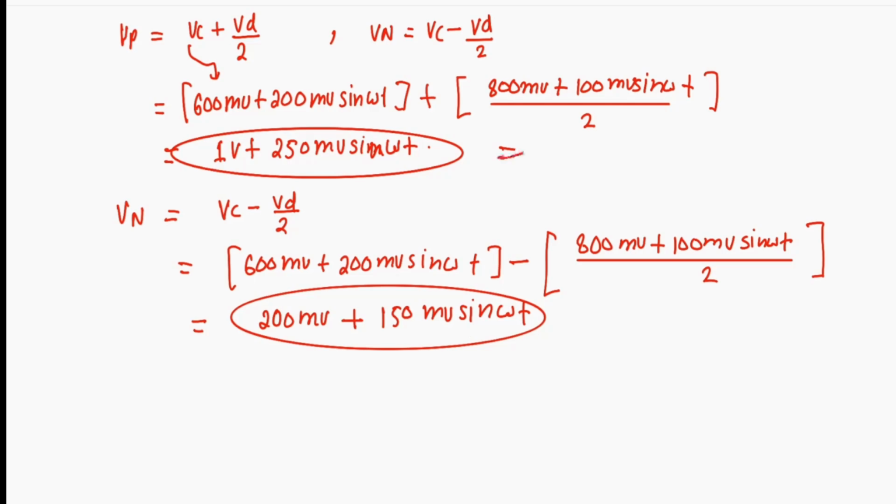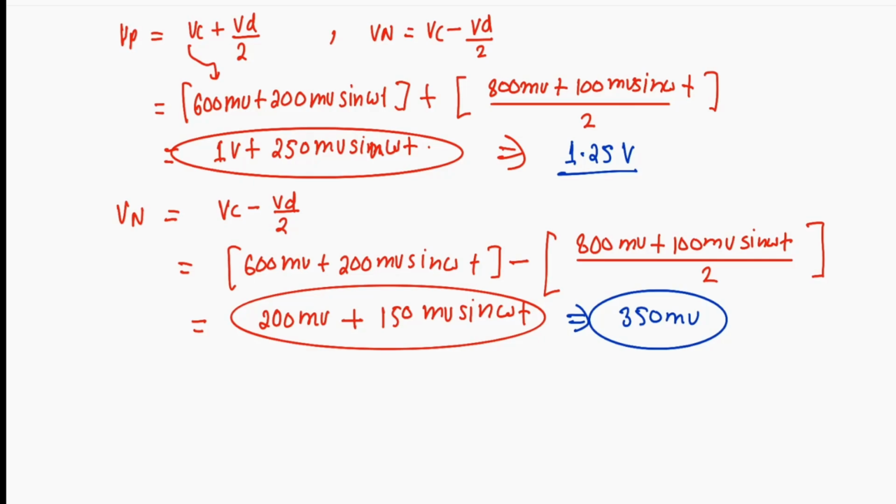What will the peak value be? The peak value here will be 1.25 volt, and here the peak value will be 350 millivolt. Now let's verify. Go to the simulation.